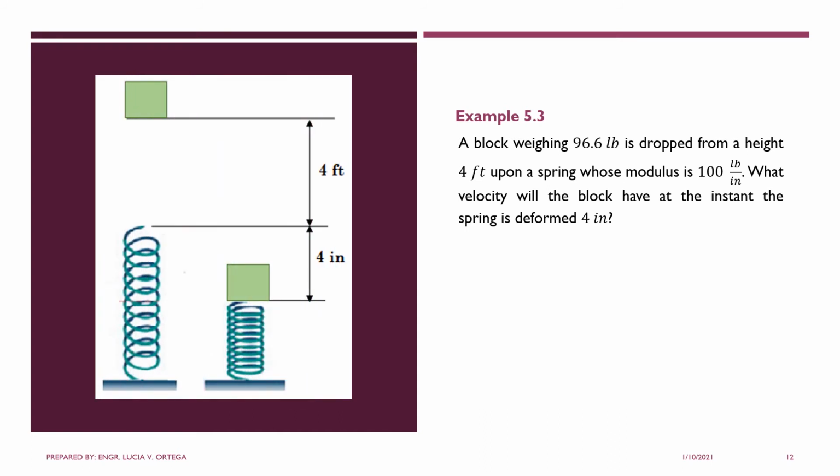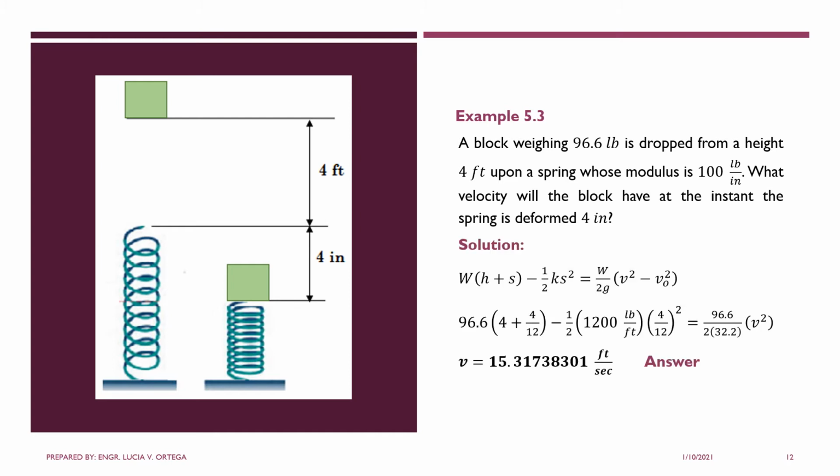You see the spring, then the block is 4 feet above the spring. If you drop it, meaning the initial velocity is 0, once it reaches the spring, definitely the spring will deform. And the deformation is 4 inches. So what is the total distance traveled by the block? That is 4 feet h plus the deformation of the spring, 4 inches.